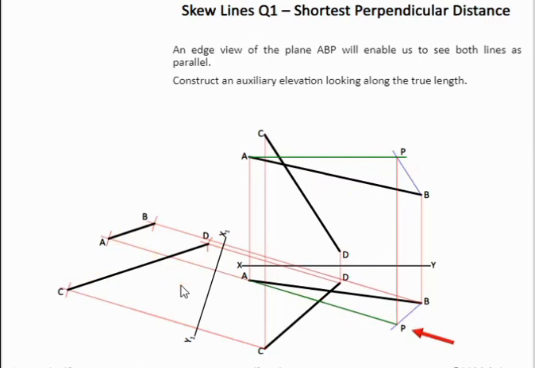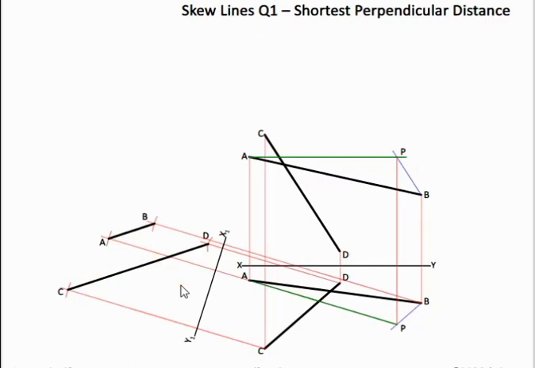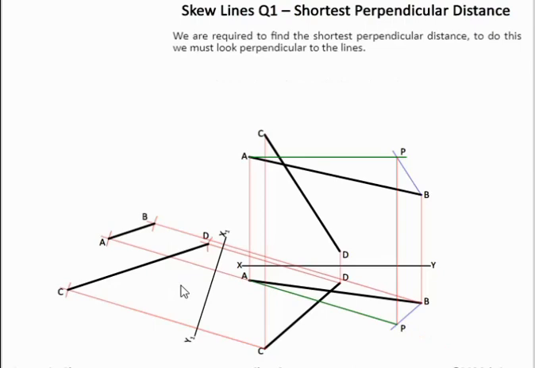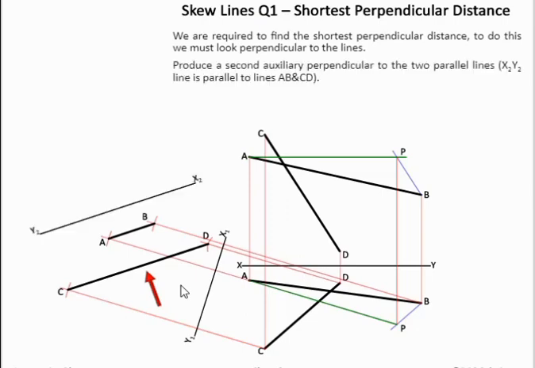Now from this stage we have to find the shortest perpendicular distance. To find it, we look at 90 degrees to the two parallel lines, set up an x2, y2 line, and then project our lines up, getting our measurements from our previous xy line.